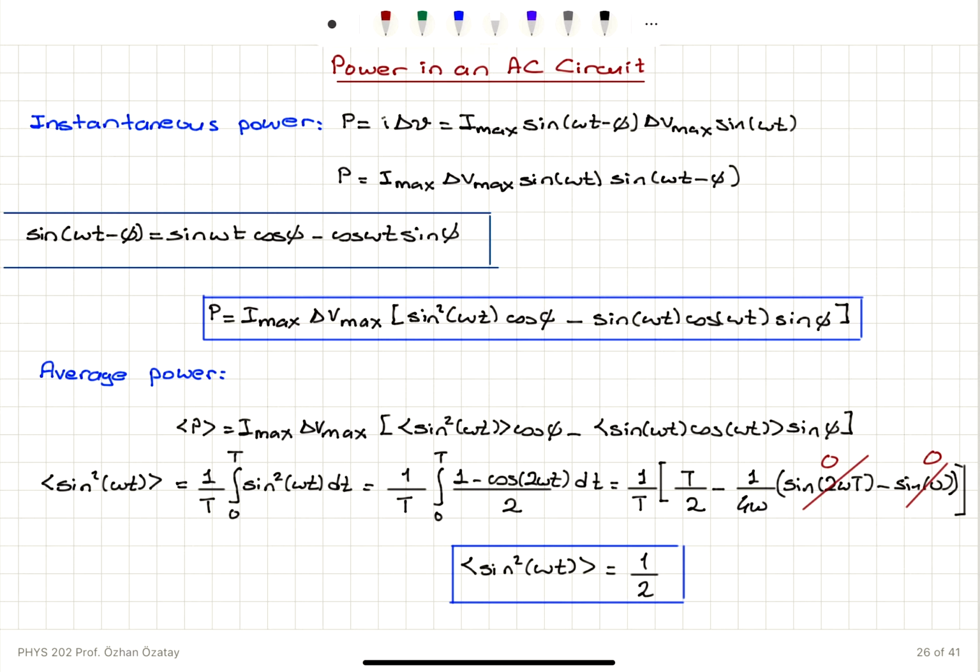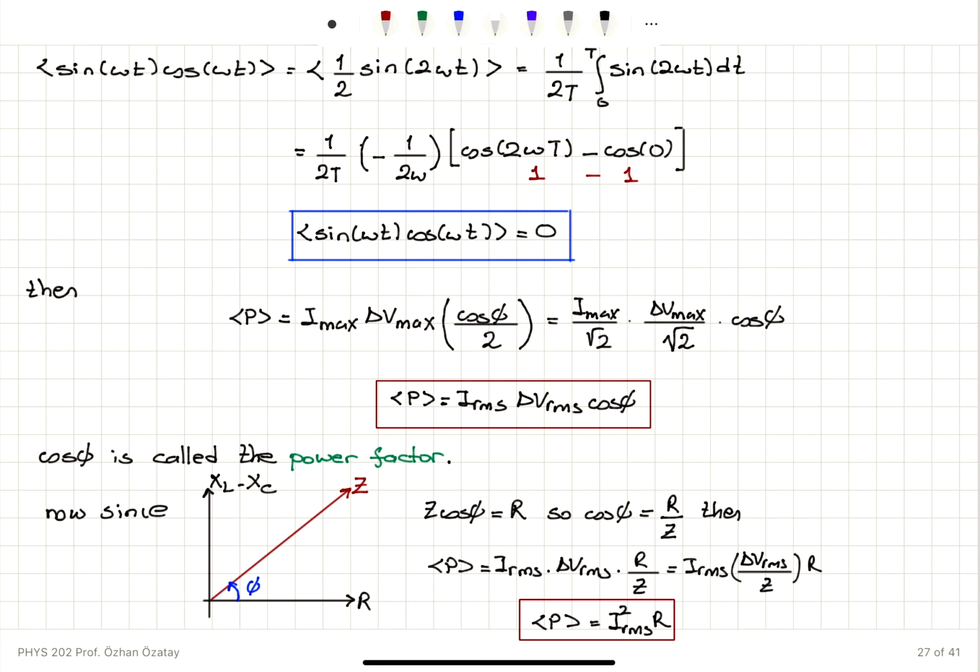The power delivered to the circuit, instantaneous value, is the instantaneous current I max sine omega t minus phi multiplied with the AC source voltage delta V max sine omega t. If we take the average of this power, because the time average of sine square is 1/2 and time average of sine times cosine is 0, we obtain 1/2 delta V max I max cosine phi.